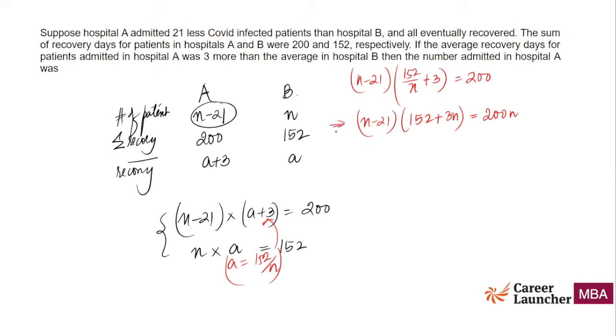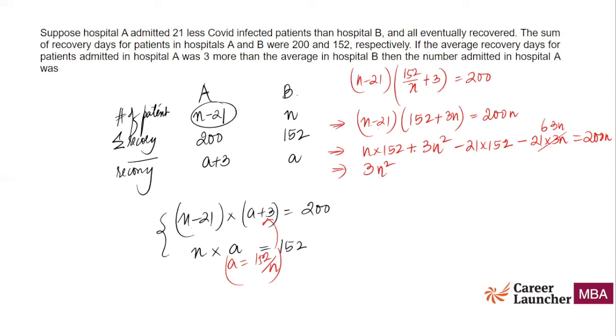Let's open the brackets. N into 152 plus N into 3N, 3N square, minus 21 into 152 minus 21 into 3N is equal to 200N. So we will have 3N square. Let's bring all the N's together. So this is 63N, and we have 152 and another 200N.